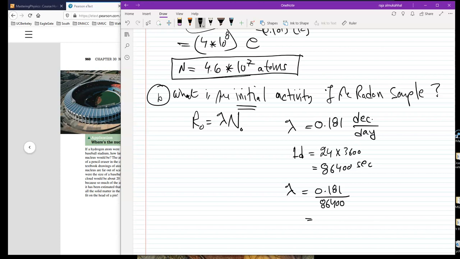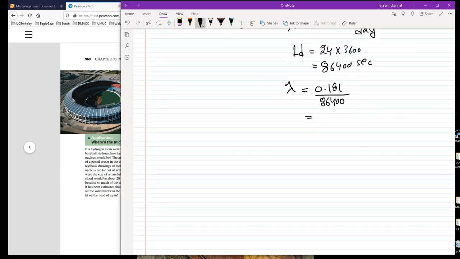I hope you are calculating things with me. 0.181 divided by 86,400, the answer I got is 2.09 times 10 to the negative 6 decays per second. Okay, there's the value of lambda.